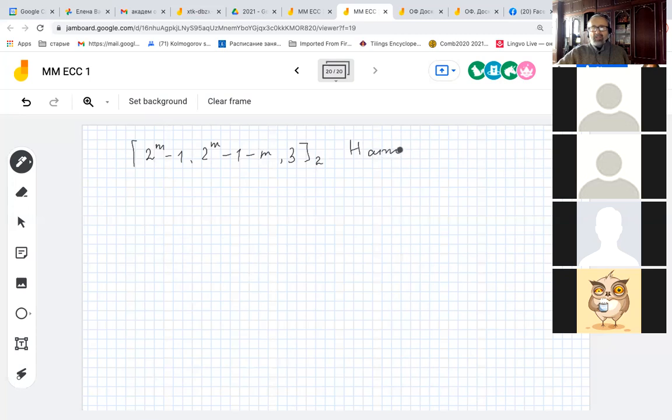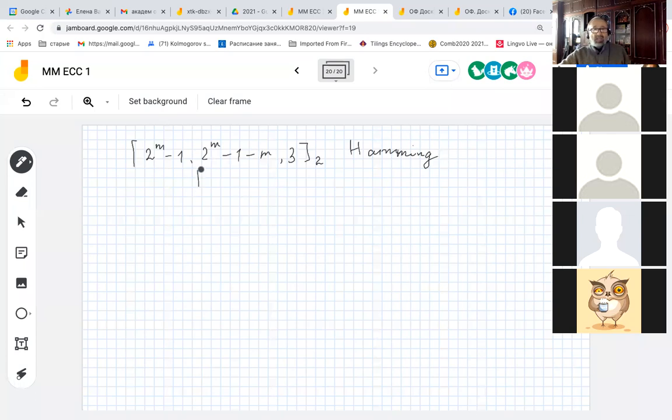Using a standard procedure, we can transform this code by increasing the minimum distance by 1 and also the block length by 1. This was one of the problems for you to solve at home, namely problem 2.